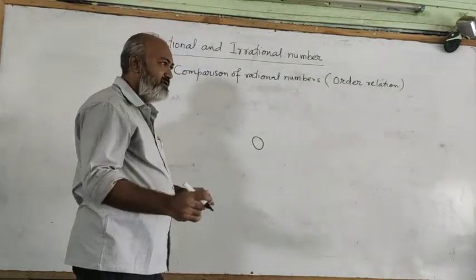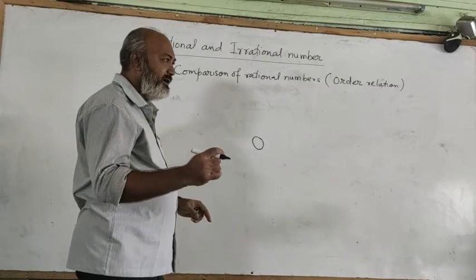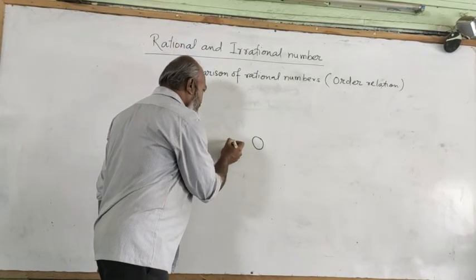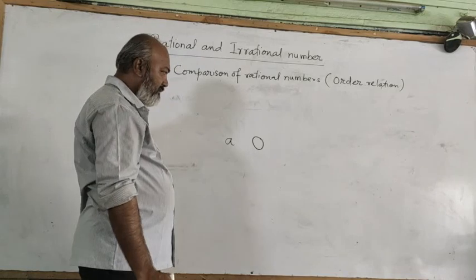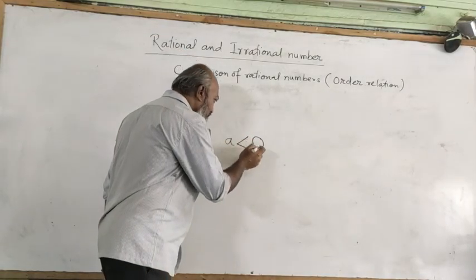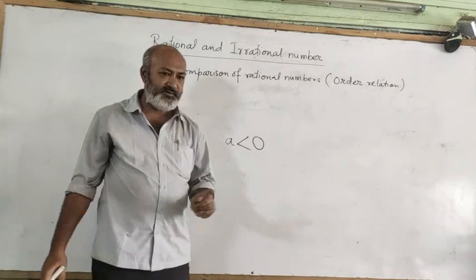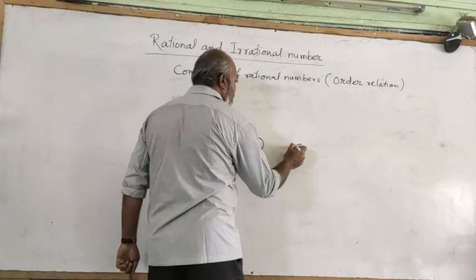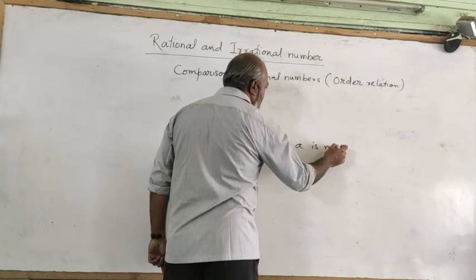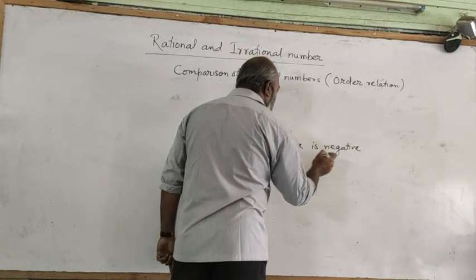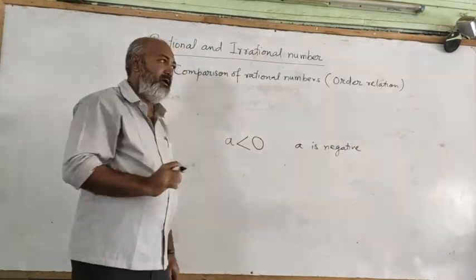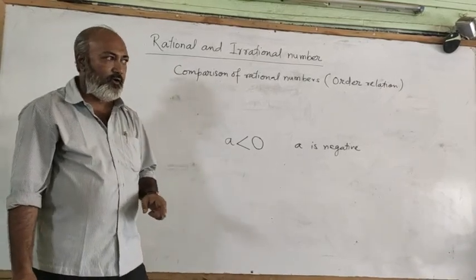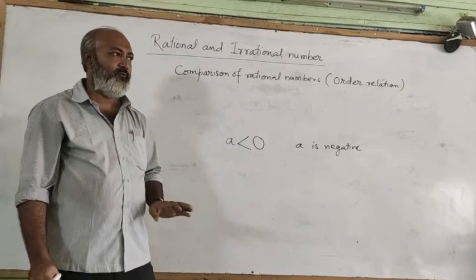For example, I am writing a letter A. A is a number which is less than 0, meaning 0 is greater than A. This can be read as A is less than 0, meaning A is negative. So while making order relation, all the negative numbers are less than 0.